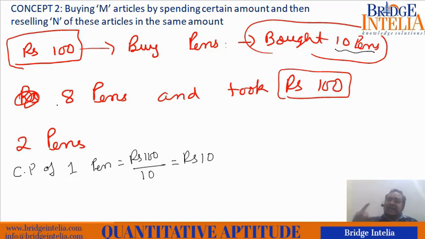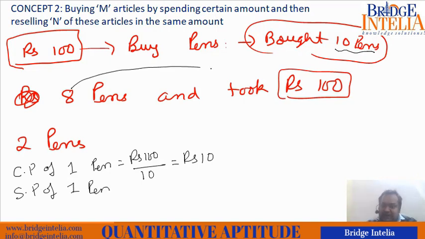How much did I get back by selling 1 pen? Selling price of 1 pen: I have sold 8 pens and I got back rupees 100. So selling price of 1 pen must be equal to rupees 100 by 8, which comes out to be rupees 12.50. Now look from the perspective of a single pen.